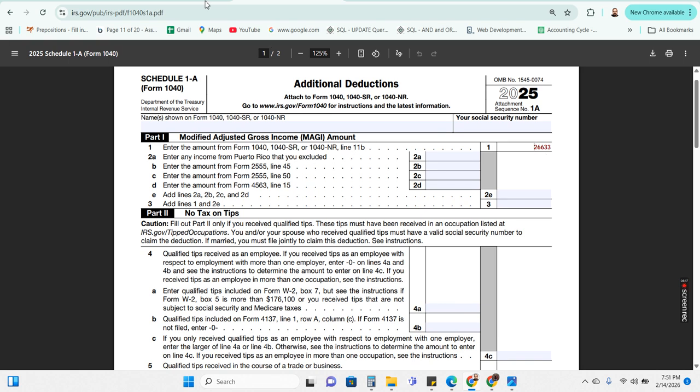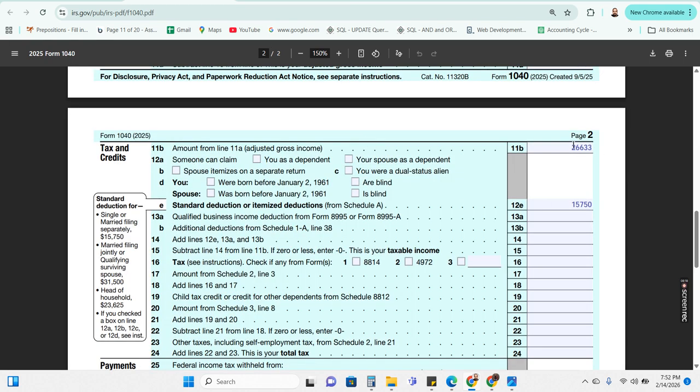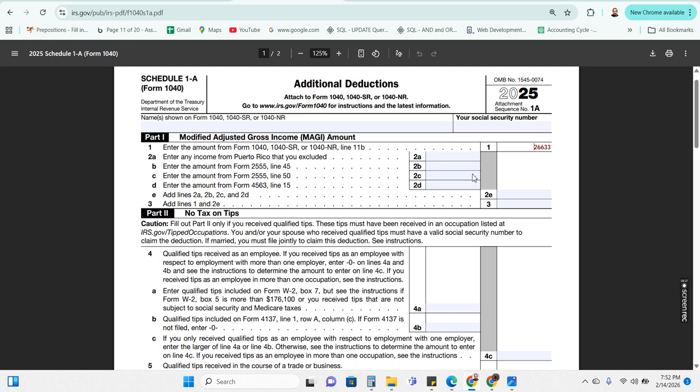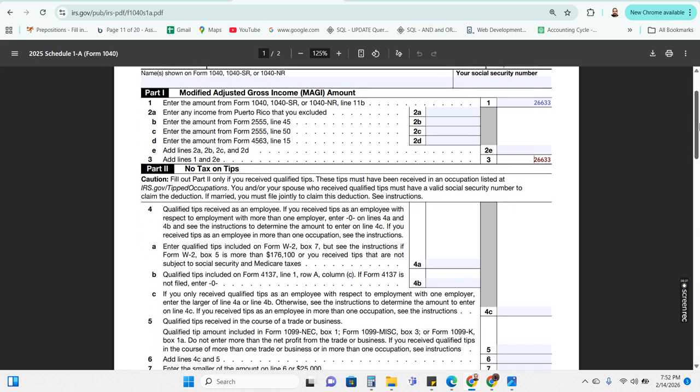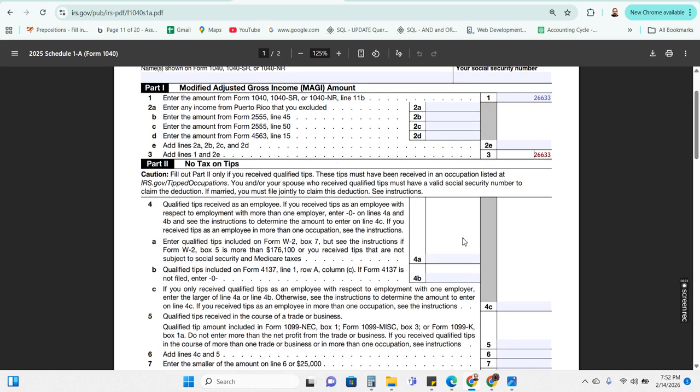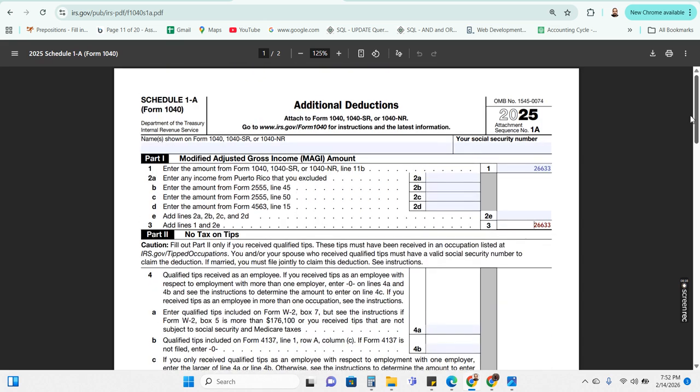Line 11B is this, you just write it, which is 26633. Got it. If you have tips, there is no tax on tips. According to Schedule 1A, this is for additional deductions. Understand?